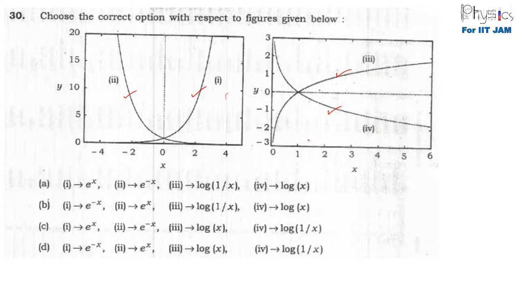Now option B tells it is e to the power minus x, it is e to the power x, it is log of 1 by x, it is log of x, and so on.